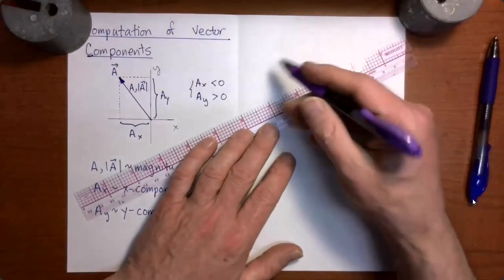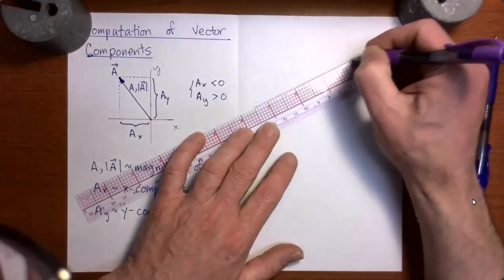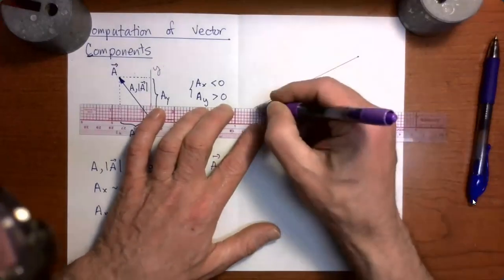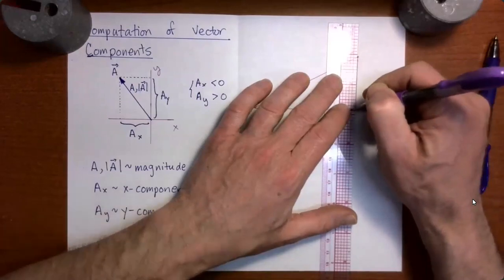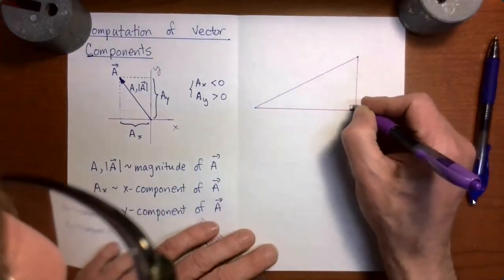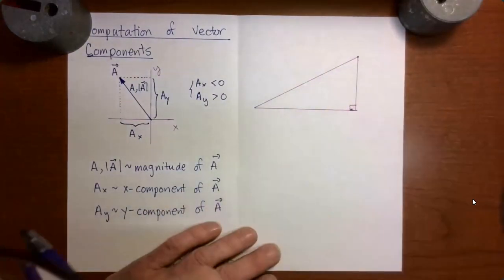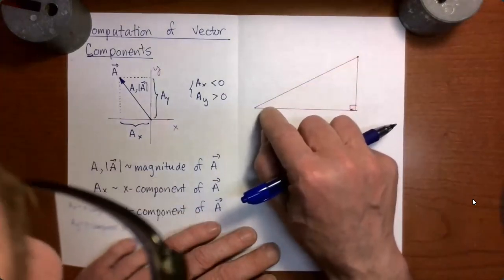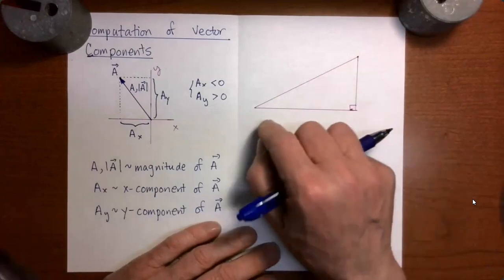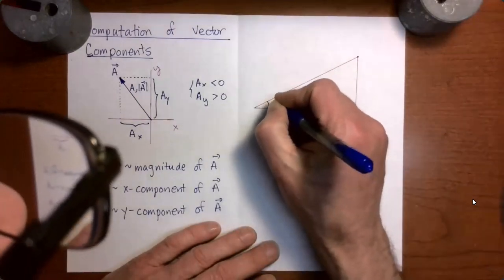To start, let's say that I draw a right triangle. Okay, so here's my right angle. Now I'm going to go to one of the other two angles of the right triangle, not the right angle, and I'm going to label it theta.